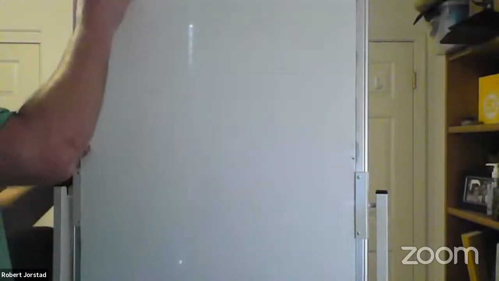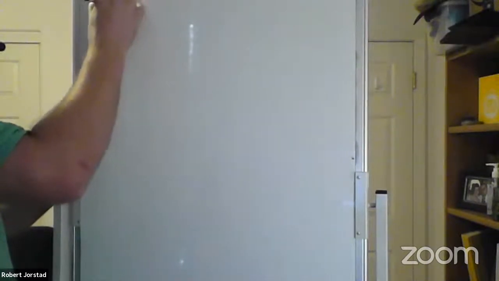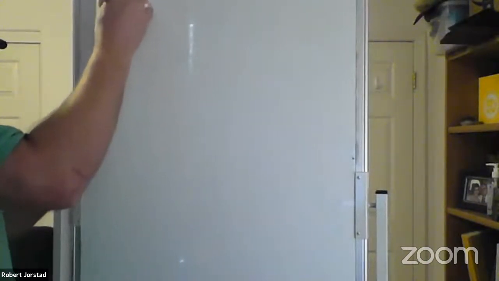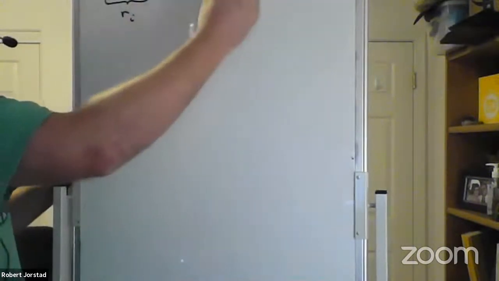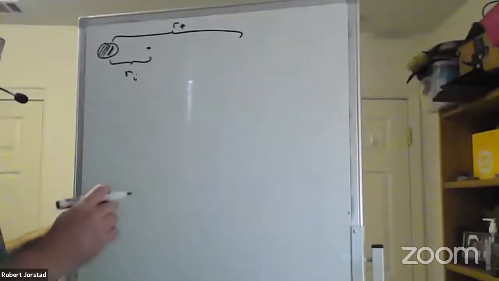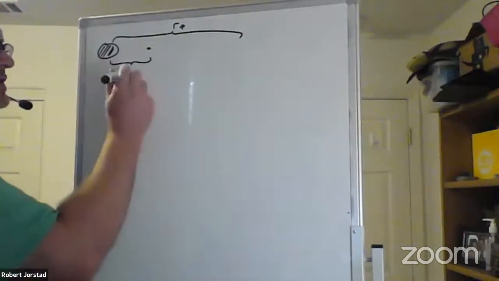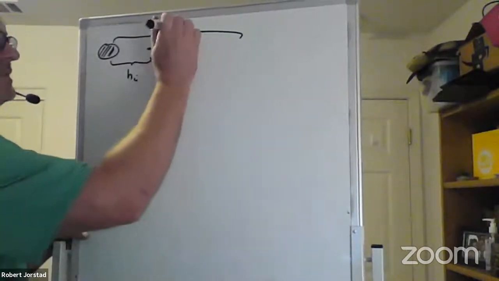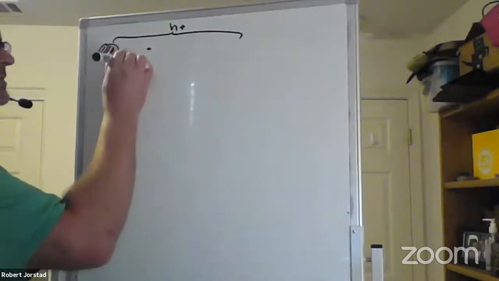I'm going to start here with the planet. Very similar. R initial. I'm exaggerating right now. So we've got R initial and R final. Now we could describe these as height initial and height final if I go to the surface of the planet.